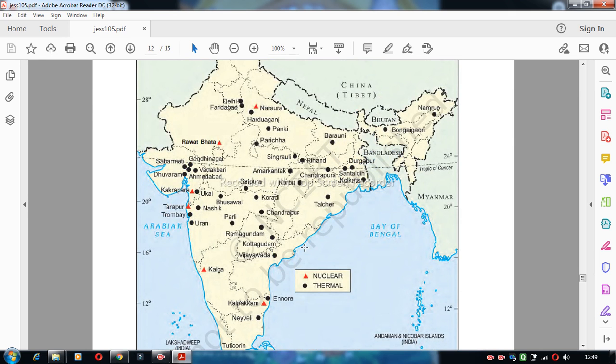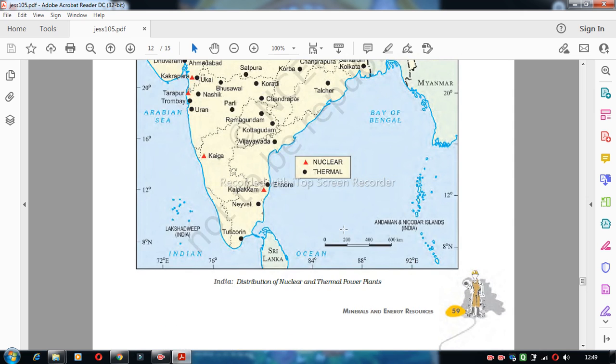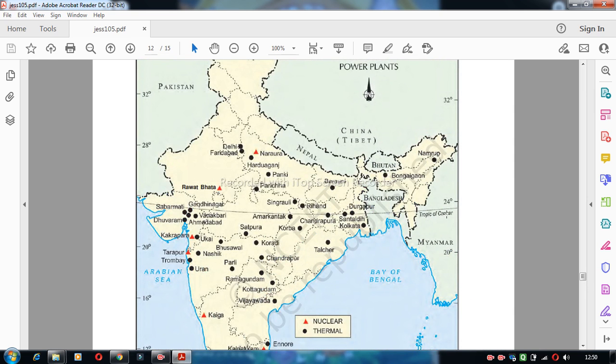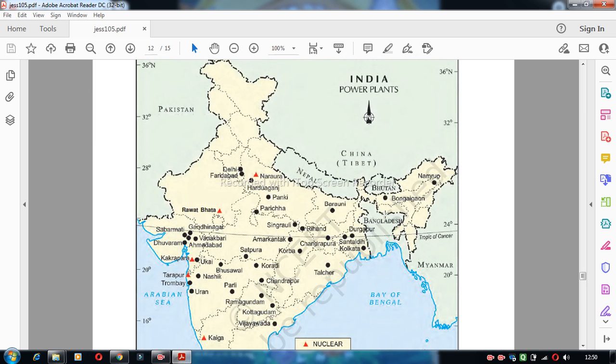By that you can understand that the red color triangle is the nuclear power plant and the black color dot is the thermal power plant. This map work is going to be asked in the board examination also for locating and labeling.